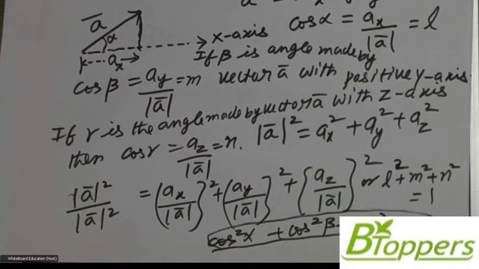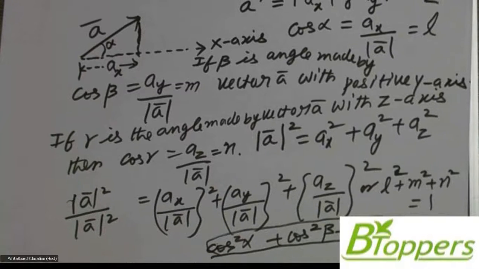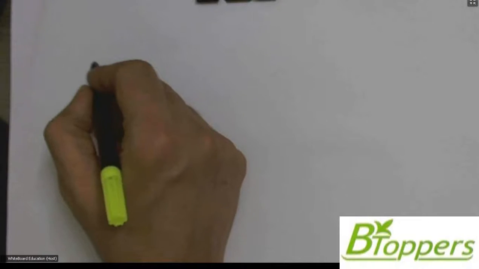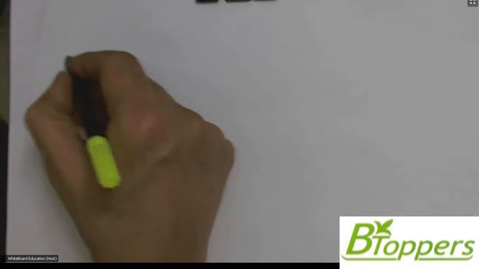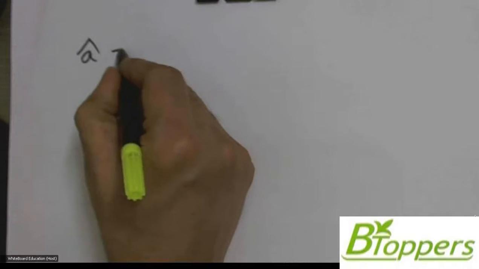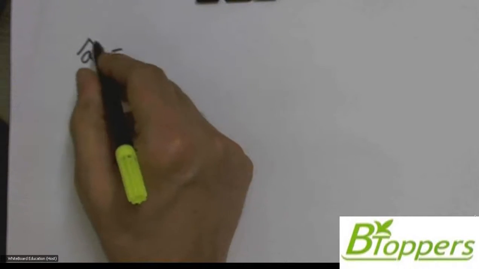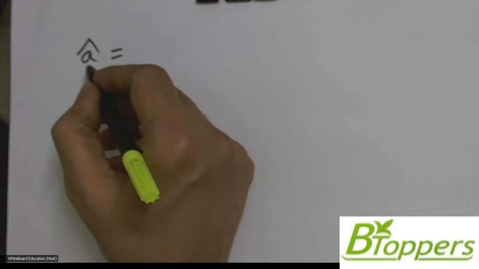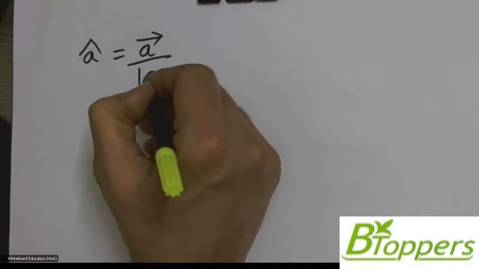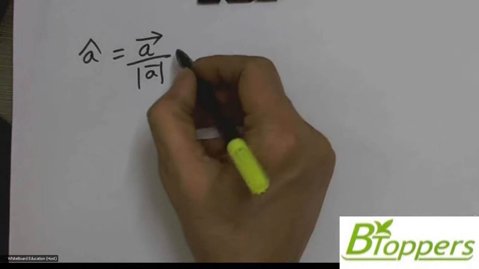You can express the unit vector in the direction of vector A bar in terms of the three directional cosines of the vector A bar. So if A bar is a vector, then the unit vector in the direction of vector A bar is denoted by this symbol. We read it as A cap given by A bar by magnitude of vector A bar.